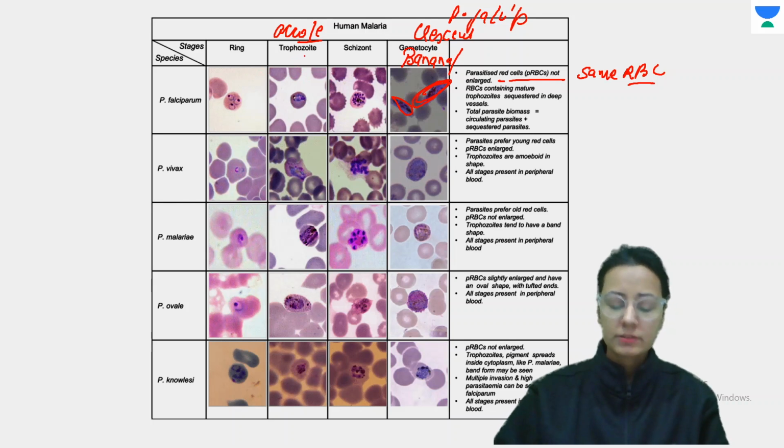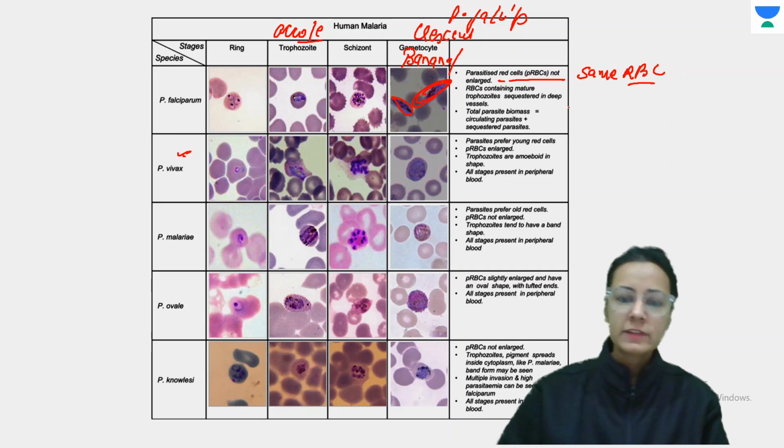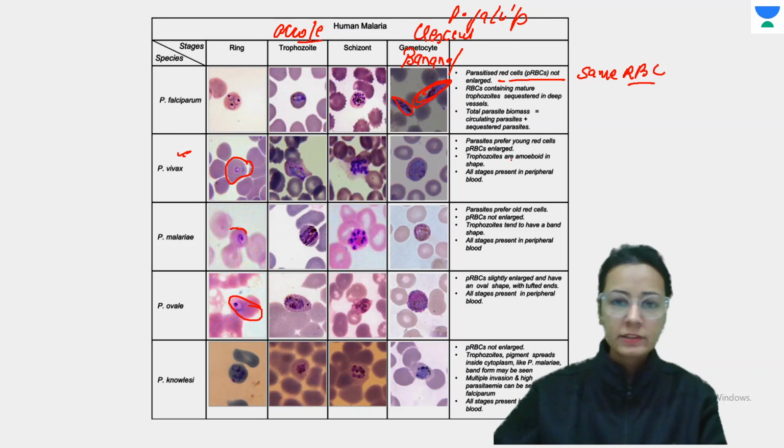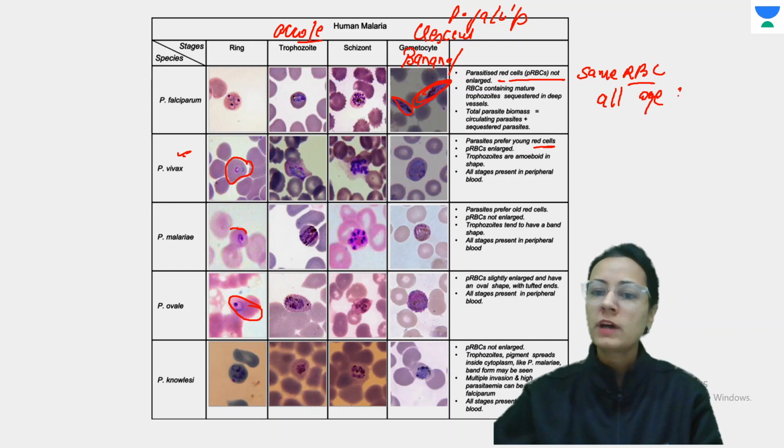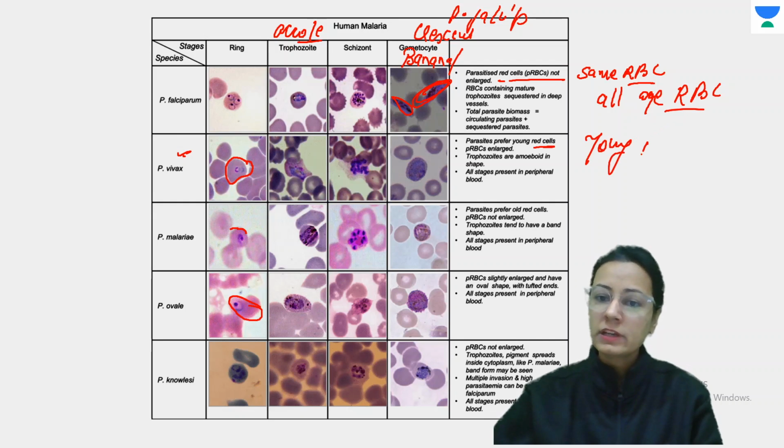Now moving next, Vivax and ovale. You can see the infected RBCs are a little larger than the adjacent RBCs, and the parasite prefers young RBCs. In falciparum, all age groups of RBCs are involved, while Vivax and ovale prefer the young RBCs, which are less than 14 days old.